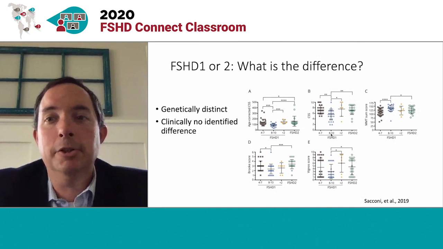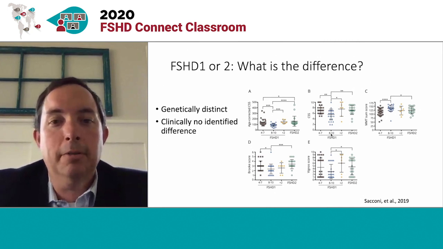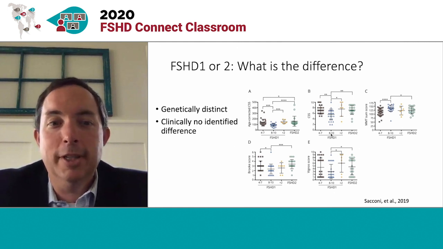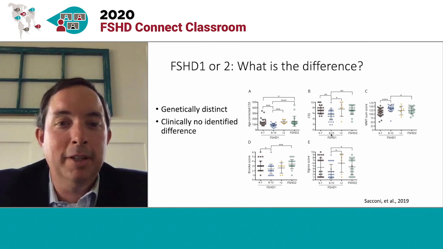So FSHD1 or 2, we've talked a little bit about the difference in the genetics. What's the difference clinically? These are genetically distinct, but the bottom line is clinically there's no identified difference.